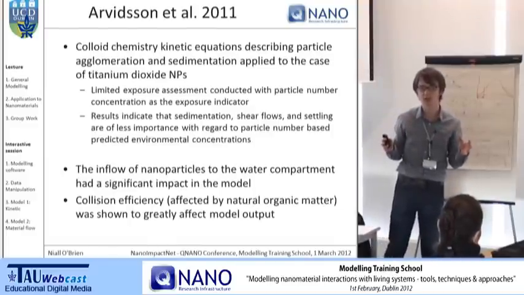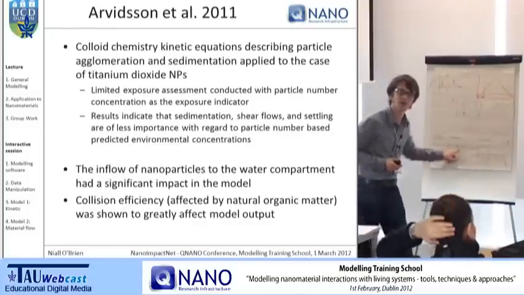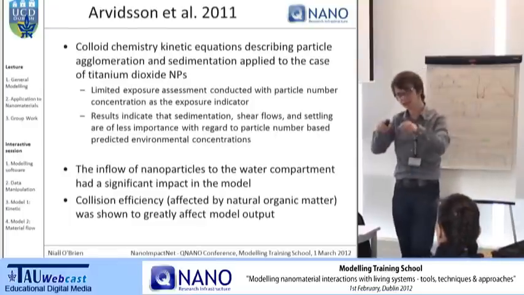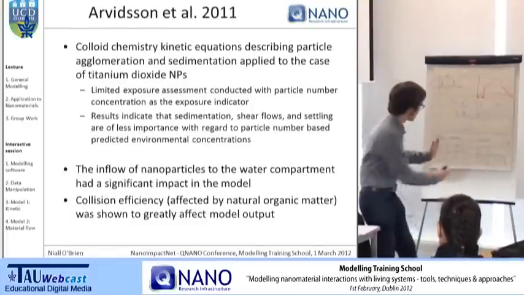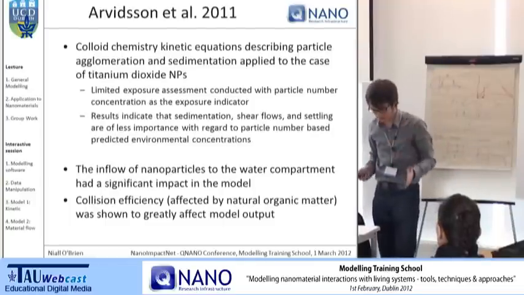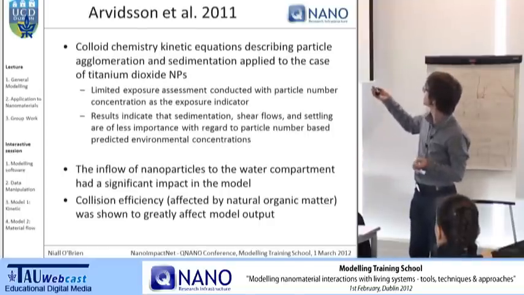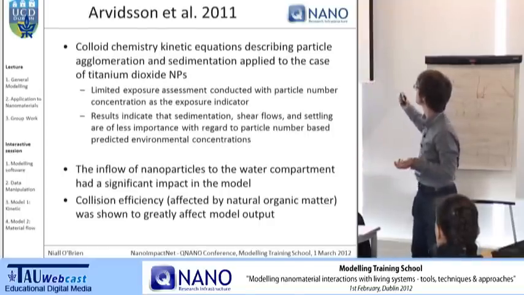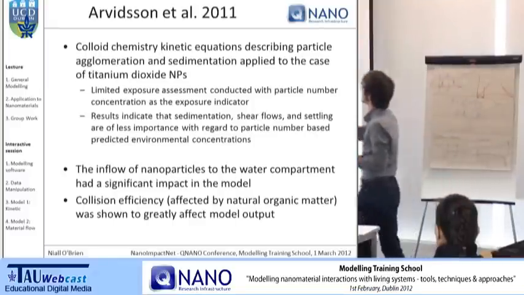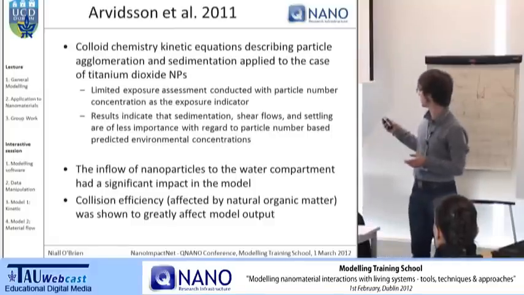In their model, they just went from 0 to 1, not at all to completely, and looked at the most extreme cases. Again, this needs to be brought down into some order of magnitude so we have some idea of how much this affects things overall. They found that the inflow of nanoparticles in the water compartment has a significant impact on the model, and collision efficiency, which is affected by natural organic matter absorbing to the particles, was shown to greatly affect model output.